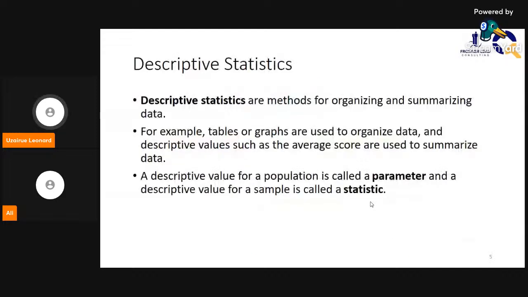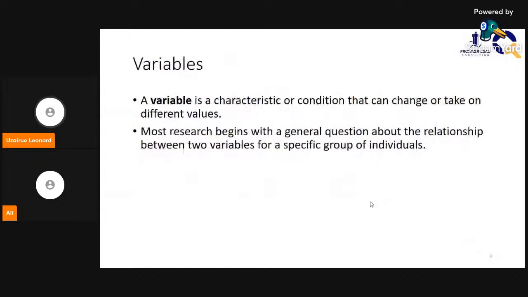Now, I've already talked about descriptive statistics and inferential statistics. So now, the next thing I want us to talk about is variable. When we talk about a variable, we are simply talking about a quantity, a characteristic or condition that can change or take on different values. For example, the hemoglobin level of an individual can change.